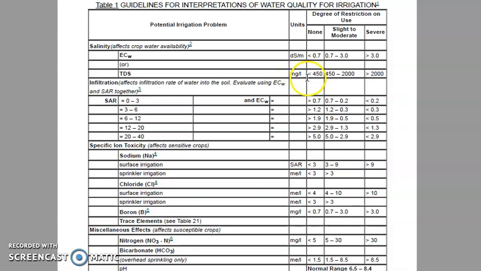Consequently, if you have a concentration of salt less than 450, then you will have no degree of restriction in use. 450 to 2000, you will have a slight to moderate degree of restriction in use. If you have more than 3 dS per meter, then you have a severe degree of restriction in use. Okay.